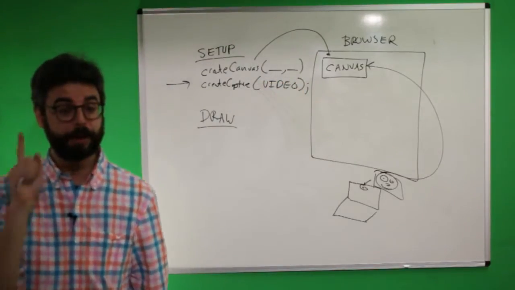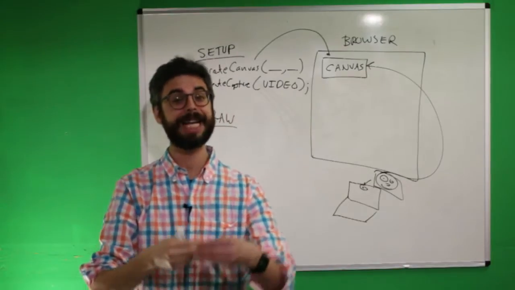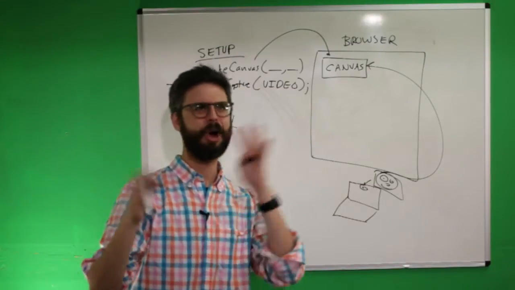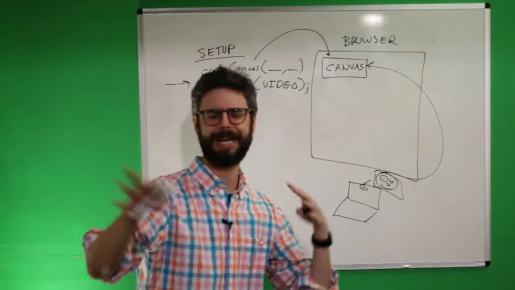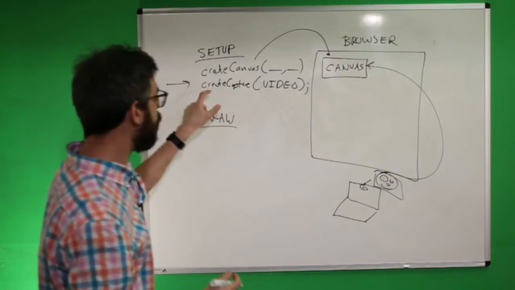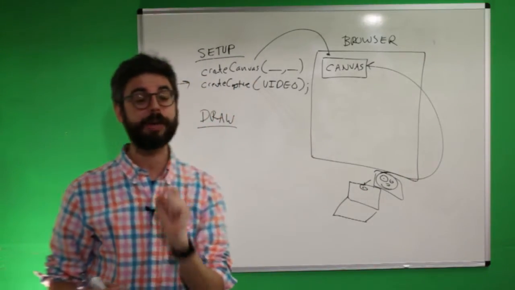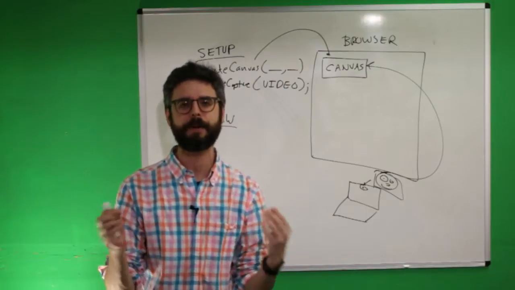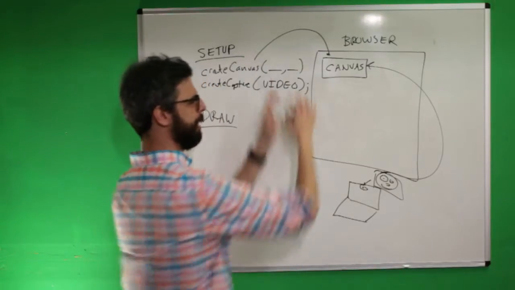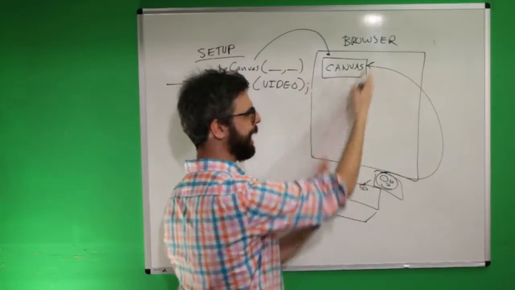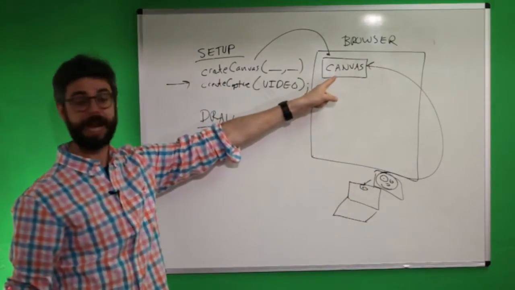What the createCapture function does is it creates a connection to, I think it's called in web language getUserMedia, something like that. But behind the scenes it actually creates a separate DOM element. DOM refers to the document object model, this being the document and there being objects in the document. The one thing we created is a canvas.